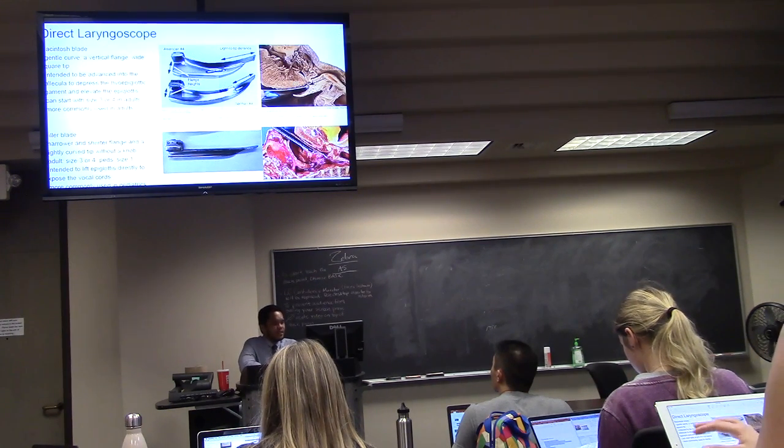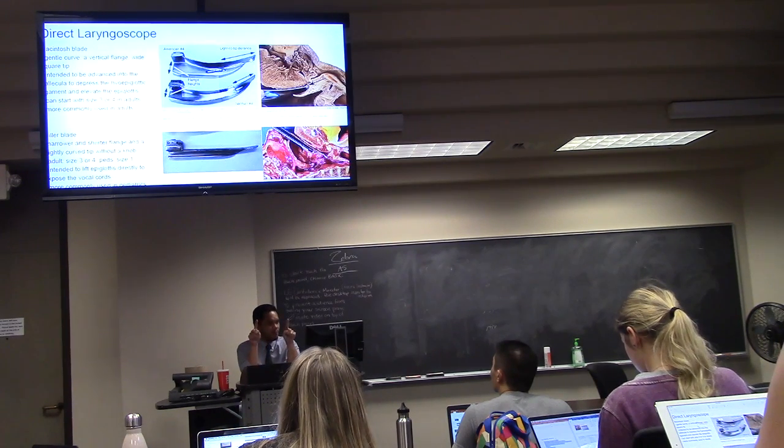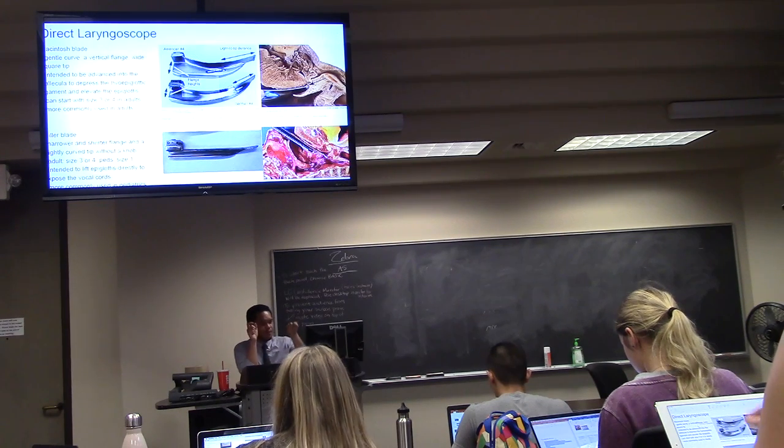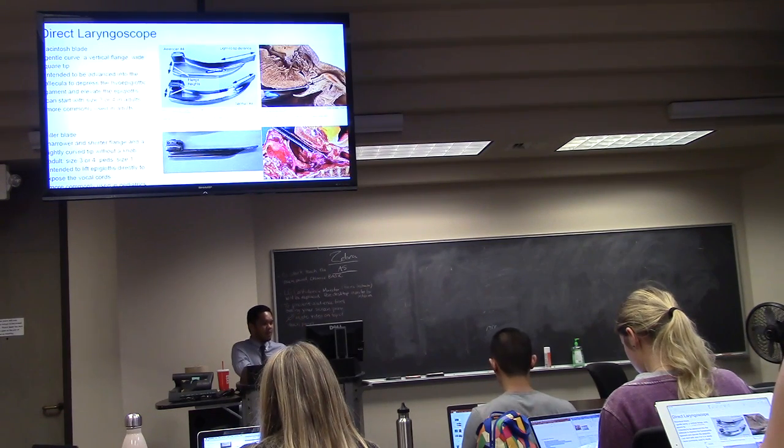The biggest advantage of this laryngoscope is that it's wide. It's got a wide blade, and it's also got a high flange. So if you put this in someone's mouth, you have a better view of the airway, versus the Miller blade. The Miller blade is very narrow, and it's got a small flange, and it's really only useful for peds.